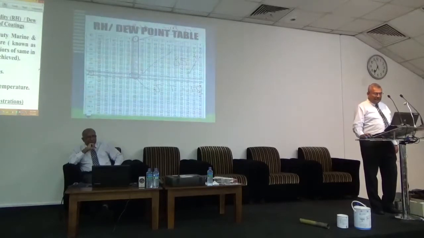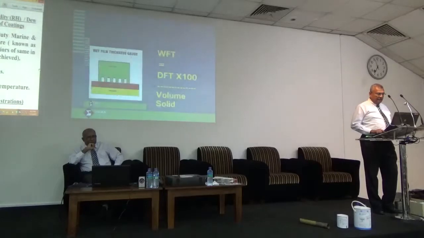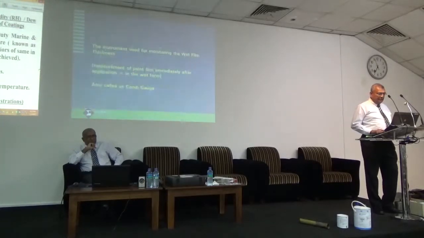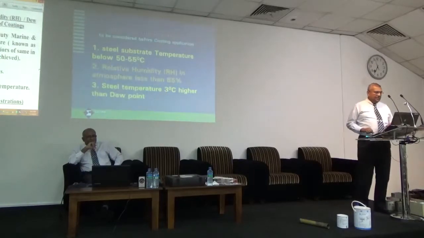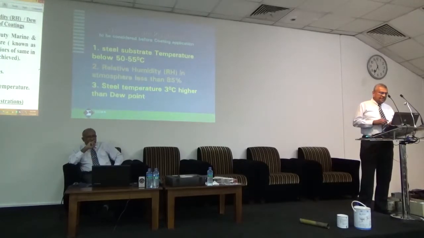And the steel temperature is less than 50 degrees centigrade, you can paint. So all 3 parameters have been covered, so you can paint. Steel temperature 50 degrees, relative humidity 85%, less than that, and the dew point.